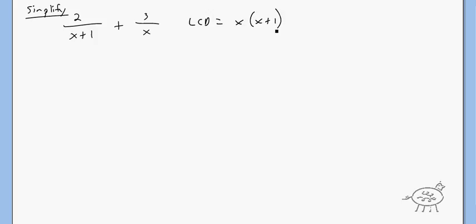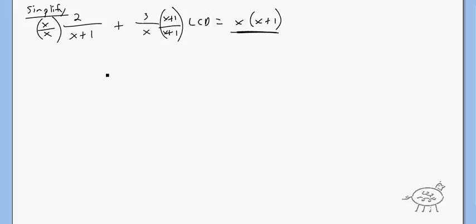So your first step is factor the denominator, which I don't have to worry about. Find the LCD, which I just did. Multiply the top and the bottom to get a common LCD. So if this is my LCD, what do I have to multiply that by to get x times x plus 1? Don't you guys agree I have to multiply this by x over x? And what do I multiply that one by? x plus 1 over x plus 1.